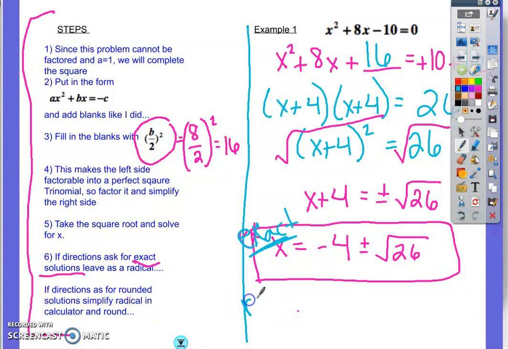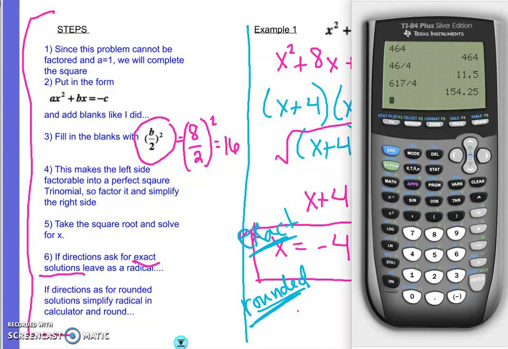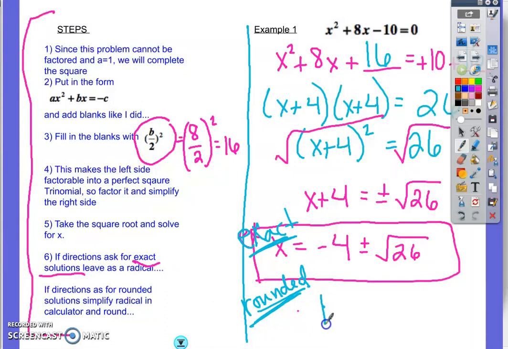If it asks for rounded solutions, we're going to put them in the calculator and use that plus or minus symbol. So I have negative 4 plus the square root of 26. That's 1.1, we'll say. 1.1, okay?